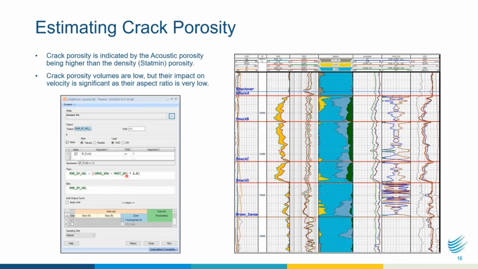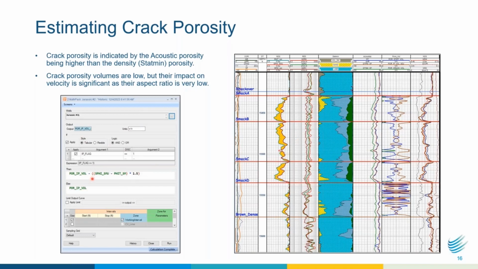So what we did, I did this empirically. I don't know any way to do it theoretically, so let's do it empirically. The way the Jupain model works is your crack porosity is subtracted from your reference porosity. So I write an equation to subtract this crack porosity from your reference porosity.